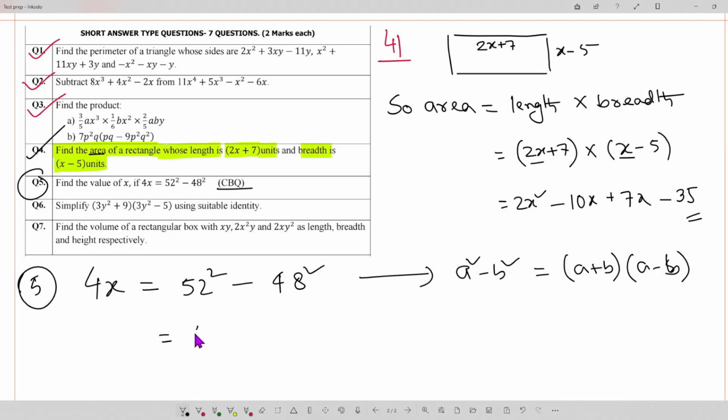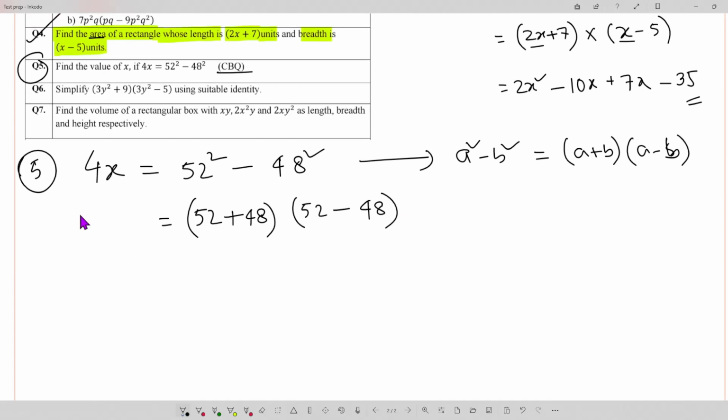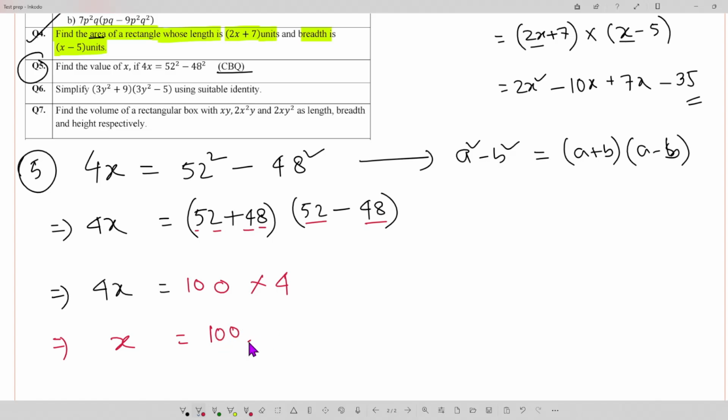So we can say 52 plus 48 and 52 minus 48, and this here is 4x. So 4x equals, here 2 plus 8 is 10, 5 plus 4 is 9, carry 1, it will be 100, times 52 minus 48 which is 4. Once we divide both sides by 4, x equals 100, and this is our answer.